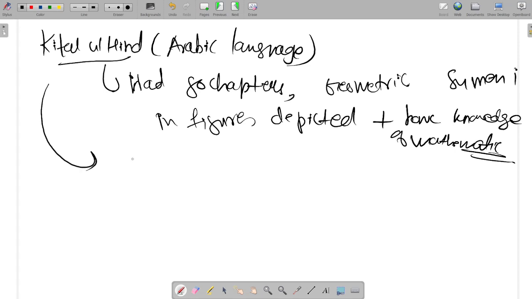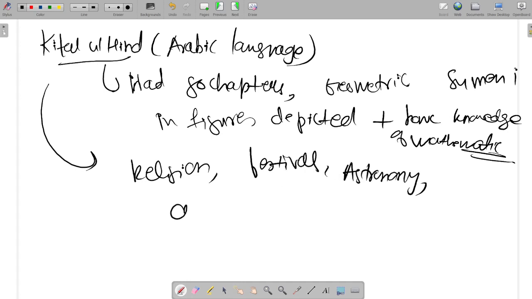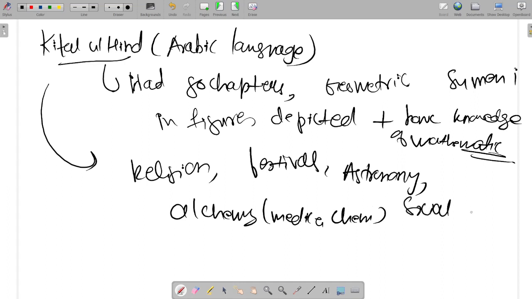Various subjects include religion, festivals, astronomy, alchemy, that is medicine-related chemistry, social life, customs, etc., and weights and measures too.